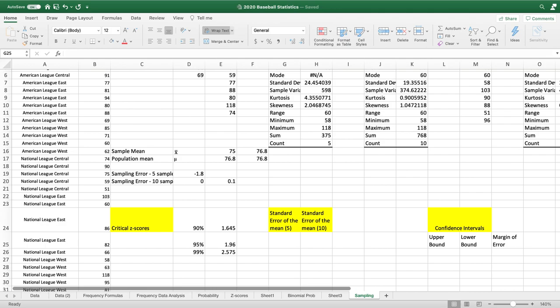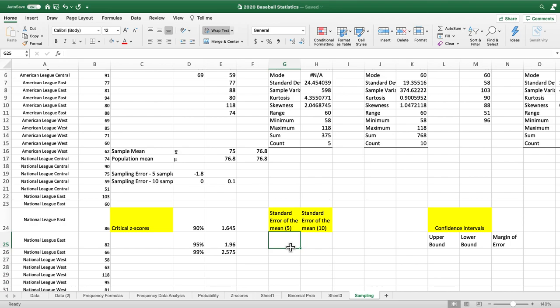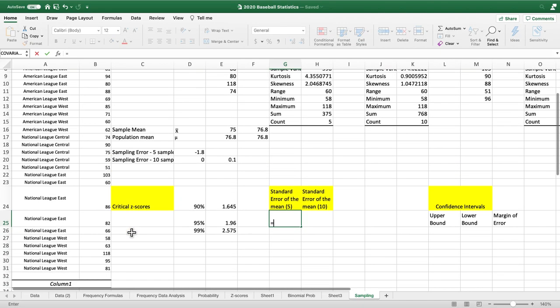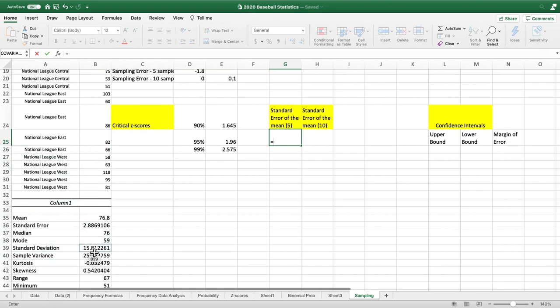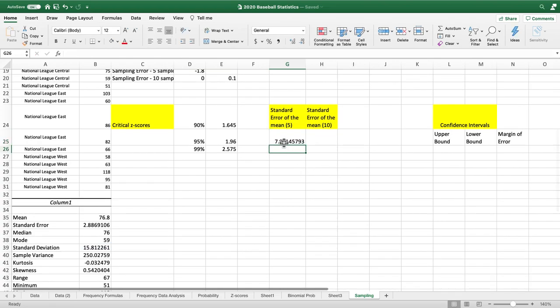So we take our standard deviation of the population, which we found down here, and divide it by the square root function of the total sample size. Here we have a sample size of 5, so the square root of 5, and we get a standard error of about 7.